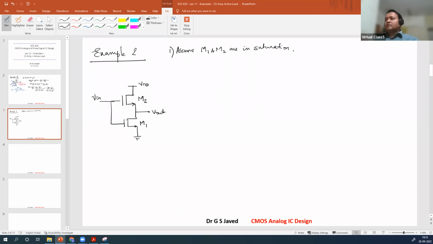Find out the voltage gain. Second part is assume M1 is in saturation. M2 is in triode. Find the voltage gain.